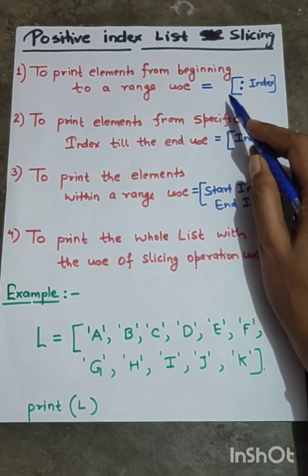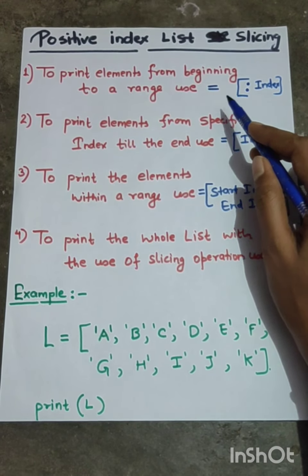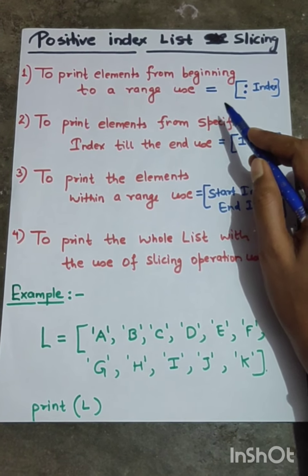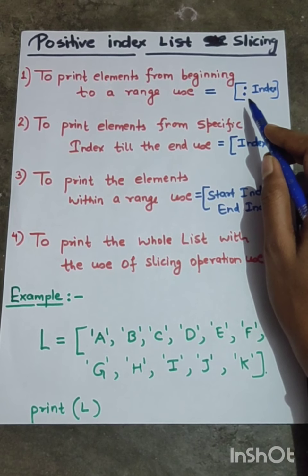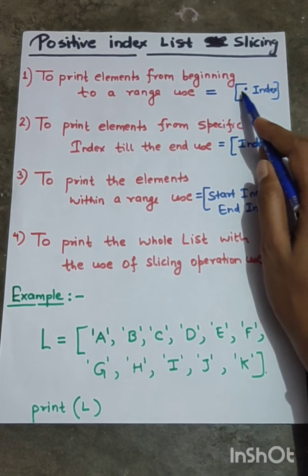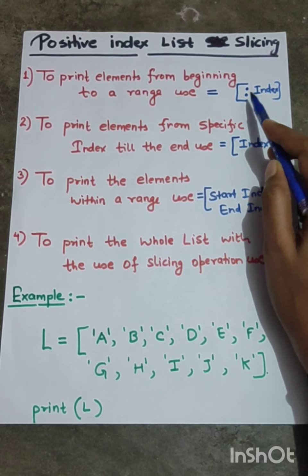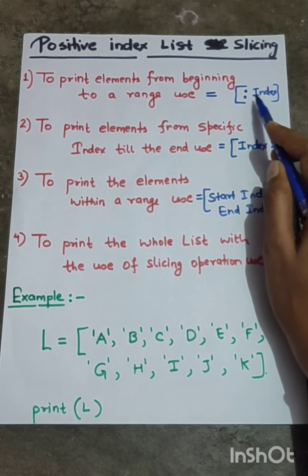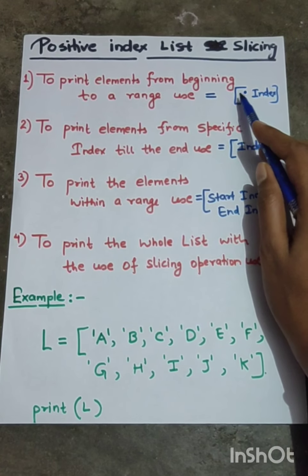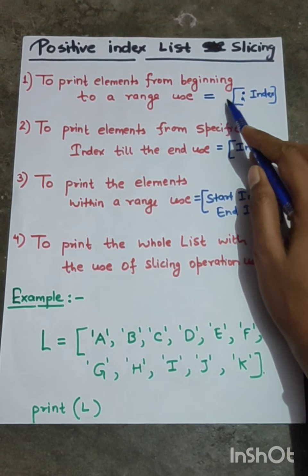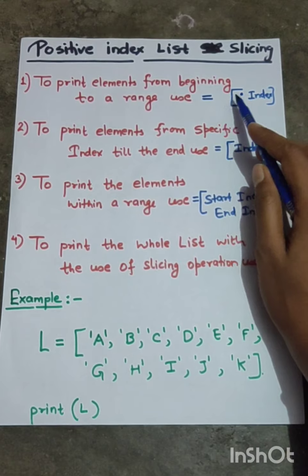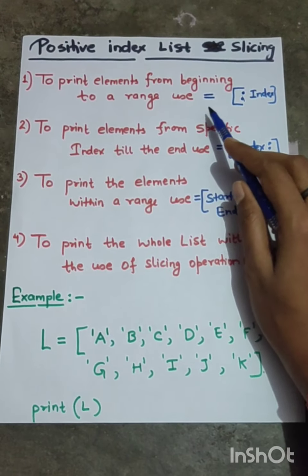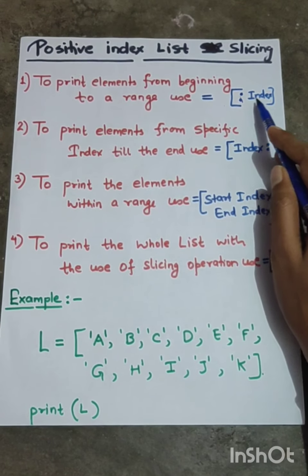You want to print your list from 0 index to a certain index, like 0 to 7 or 0 to 4. At that time you use this colon and whatever index you want to print up to, you have to give that index value here. Before this colon, 0 is available but it's not visible; we can take it or not. So to print the elements from 0 to a range we will use colon index.